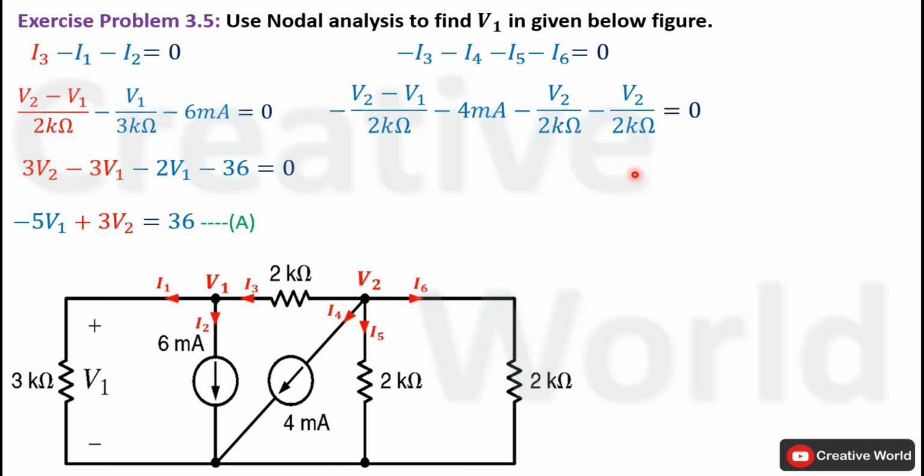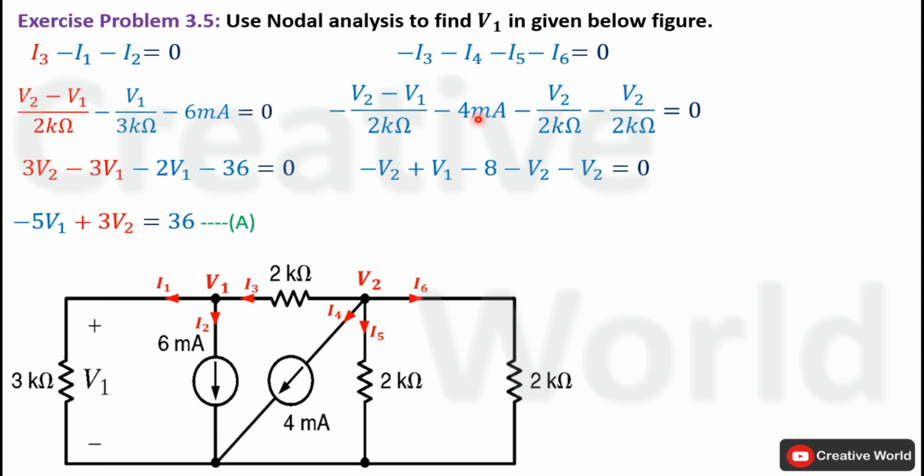Now in order to omit all denominator values, we will multiply this equation on both sides with 2 kilo ohm. The equation will become minus V2 plus V1 minus 8 minus V2 minus V2 equal to 0. All these denominator values are cancelled out with the product of 2 kilo ohm.